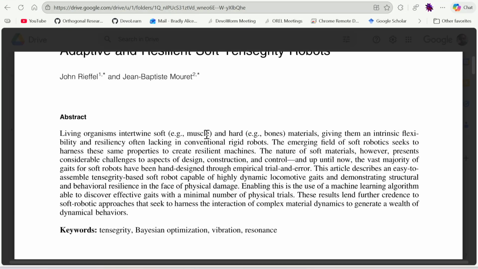And so the emerging field of soft robotics seeks to harness these same properties to create resilient machines. The nature of soft materials, however, presents considerable challenges to aspects of design, construction, and control. And up until now, the vast majority of gaits for soft robotics have been hand designed through empirical trial and error.